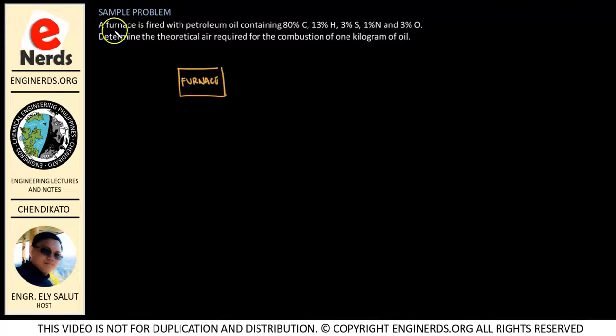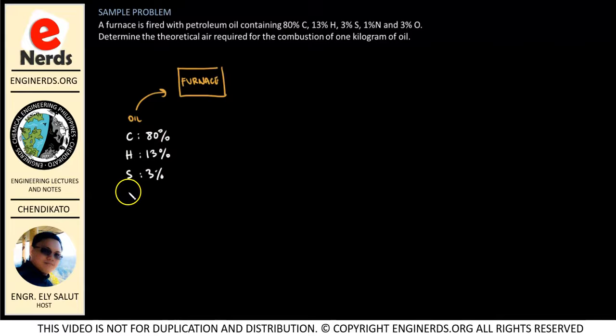And then, pumapasok ang ating petroleum oil. So, ano ba yung mga components ng ating oil? We have carbon, which is 80%. We have hydrogen, which is 13%. We have sulfur, which is 3%.